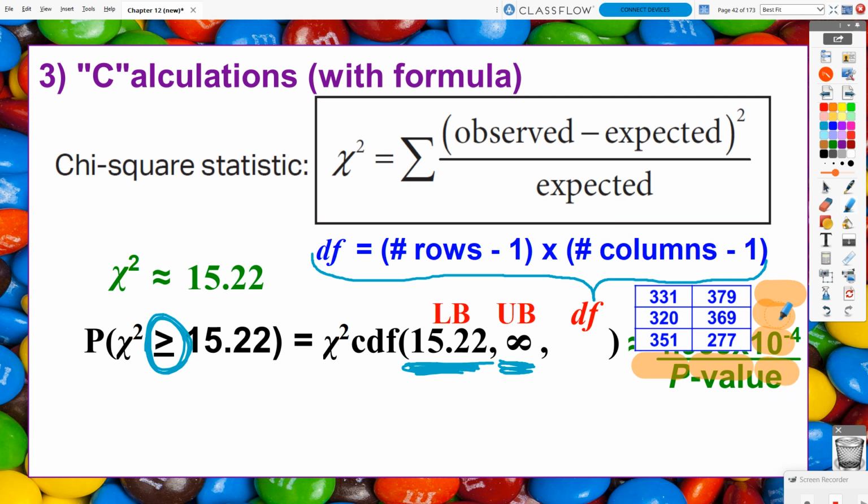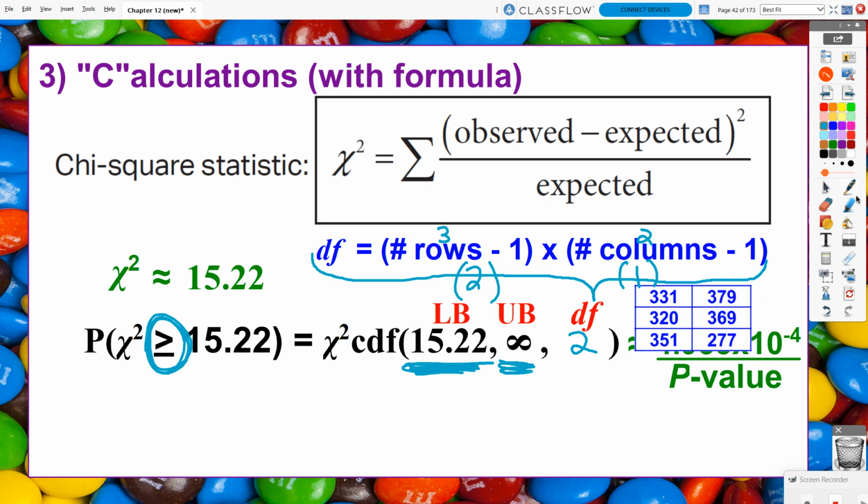They'll think back and go, oh, there were 4 rows of data and 3 columns of data, when in fact there were only 3 rows and 2 columns. So in the end, 3 rows and 2 columns gives us 2 times 1, which is 2 degrees of freedom.